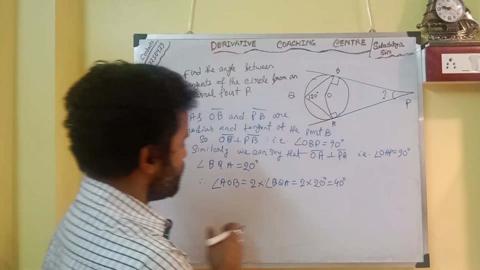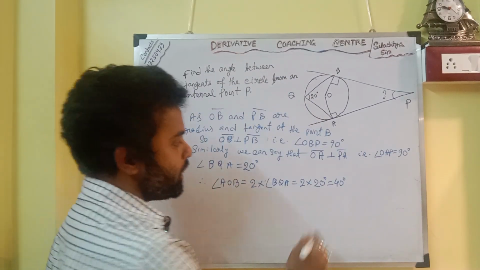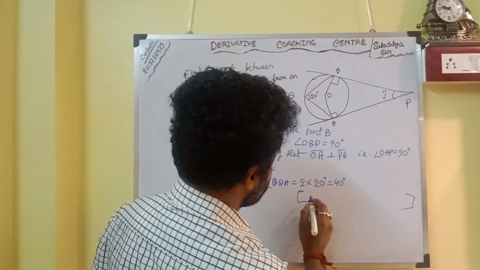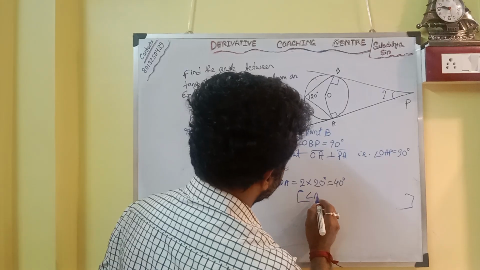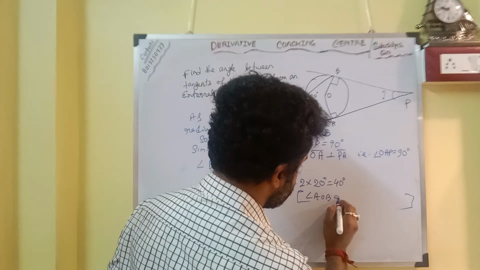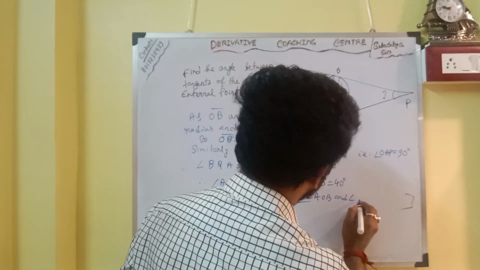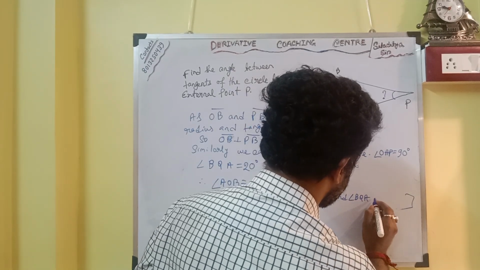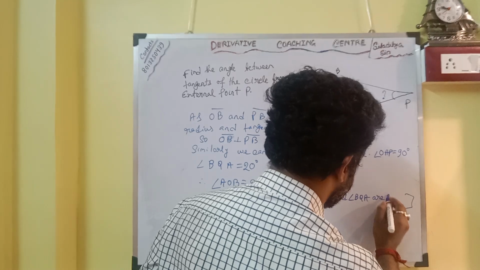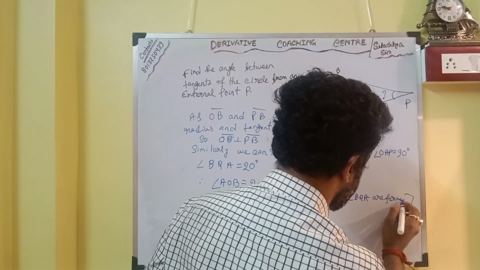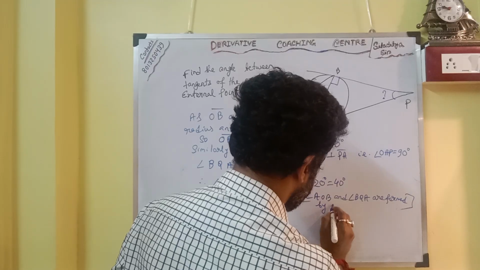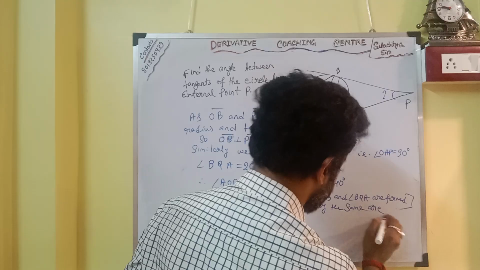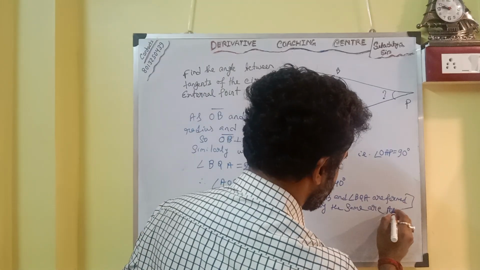So sir, how is AOB twice of BQA? Because you can say that angle AOB and angle BQA are formed by the same arc AB.